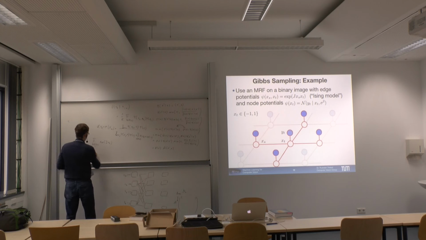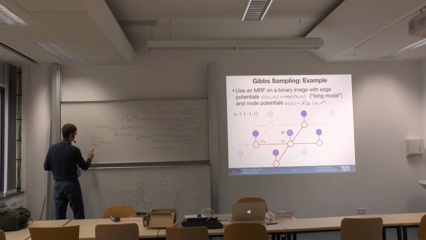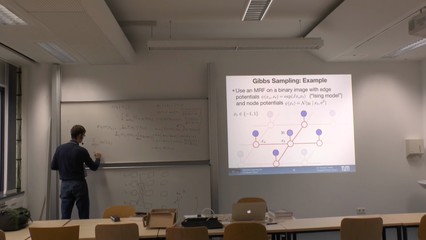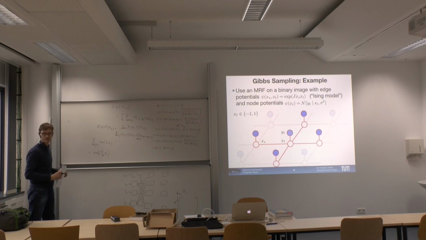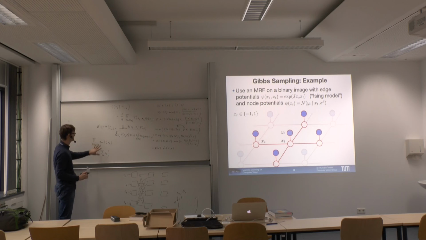We can now express this as a sum: exponential of j times the sum over all neighbors of xs. We just switch product and sum again.